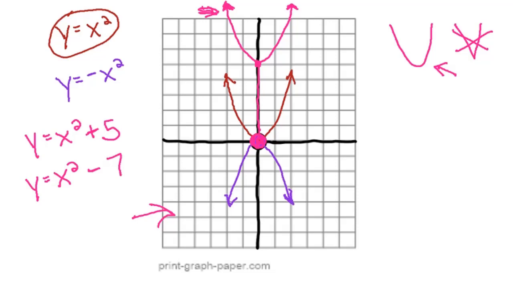So we'll start at the original 0 in the center, and we'll go down 7. 1, 2, 3, 4, 5, 6, 7. Right on there. And since this is a positive x squared, that's going to be a smiley face. So that would be y equals x squared minus 7 all the way down there.